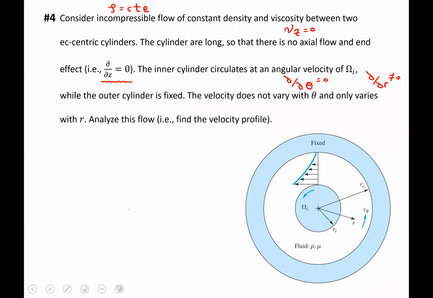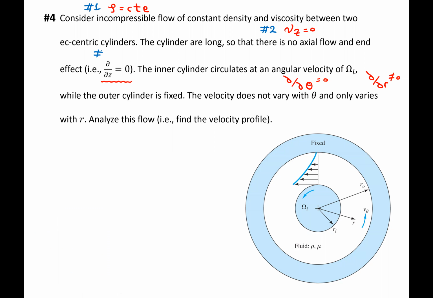So I'm going to label these things, and then I can call them when I'm simplifying the Navier-Stokes equation in cylindrical coordinate. And then I will probably add a few more assumptions here. Like, I'm going to assume that this flow is steady. So this is number 1. That's the first piece of information that we have. And then this thing here is number 2, no velocity in z direction.